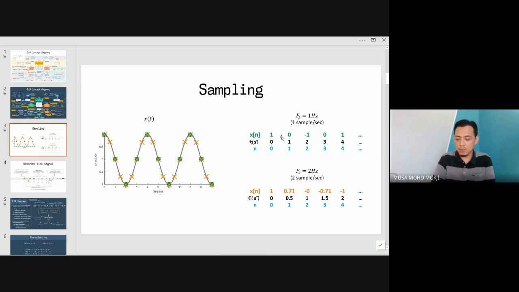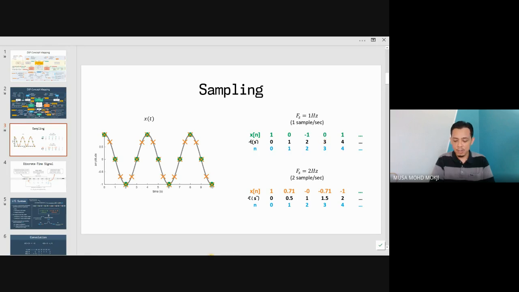Our discrete signal is 1, 0, minus 1, 0, 1. So that one is up to n equals to 4. But of course, you need to continue. So 1, 0, minus 1, 0, 1, 0, minus 1, 0 again, 1, 0, minus 1. So that's the sequence.